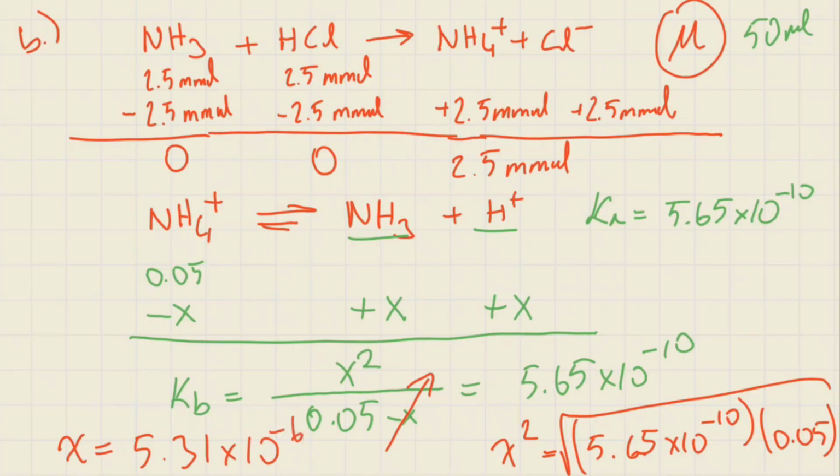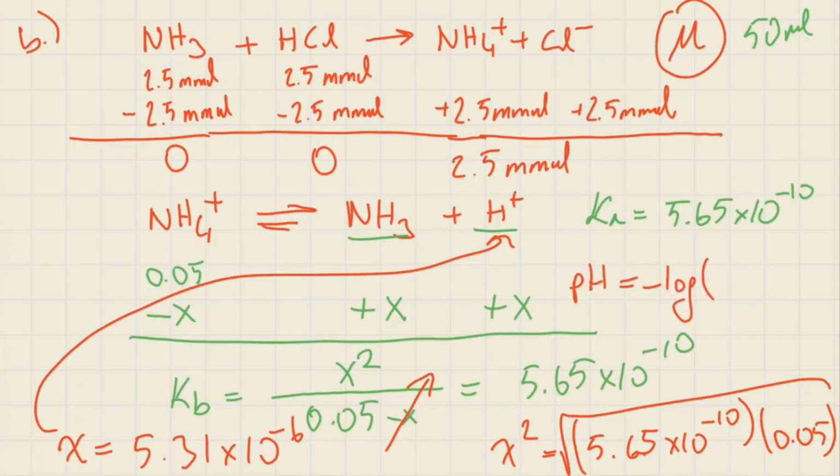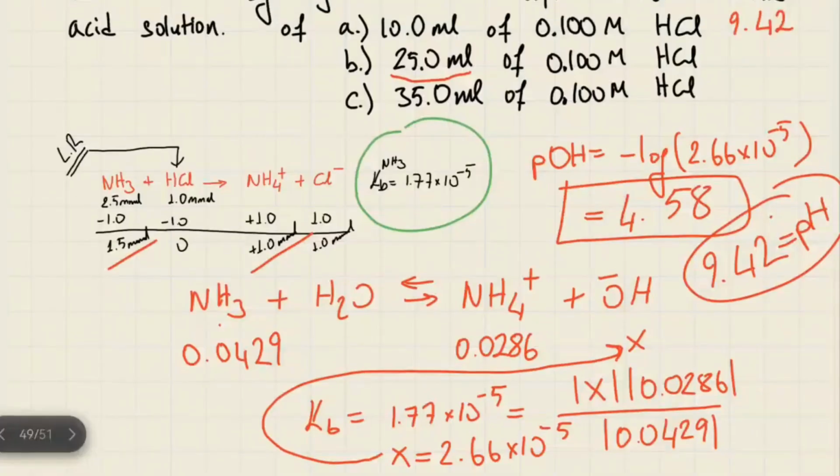So we can calculate the pH since we know the hydrogen concentration. X was the hydrogen plus concentration, 5.31 times 10 to the minus 6, and this is equal to a pH of 5.27.